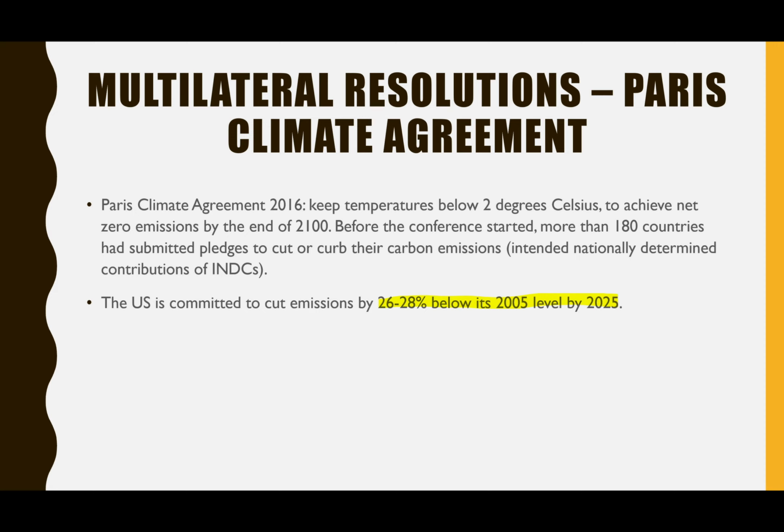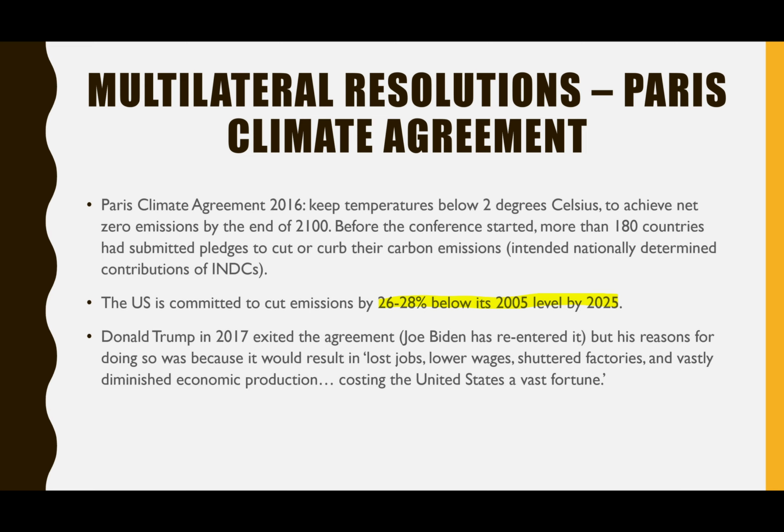However, agreeing to make these cuts does impact the United States' economic and political sovereignty, because it means that the US is forced to limit pollution, which impacts their industrial and developmental activities, which therefore will also impact economic prosperity. So economic and political sovereignty is being impacted here.